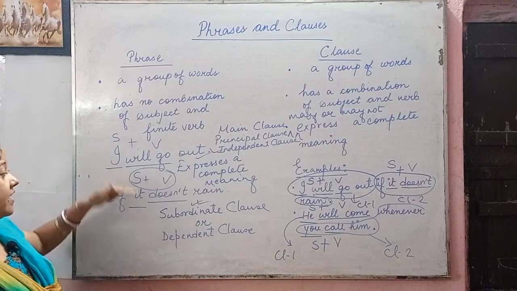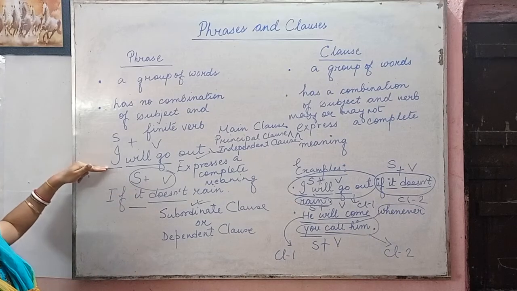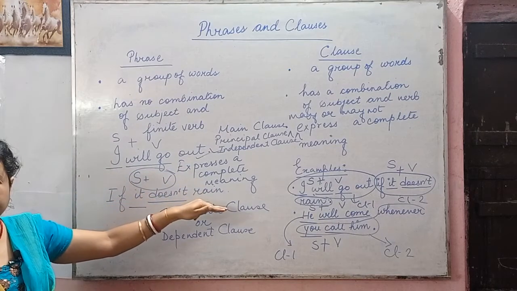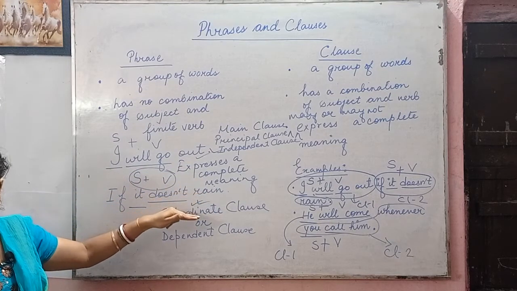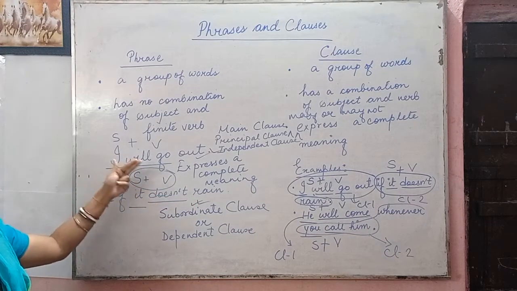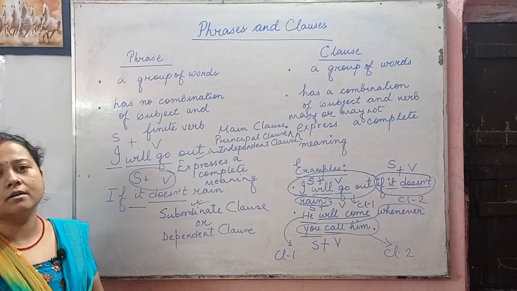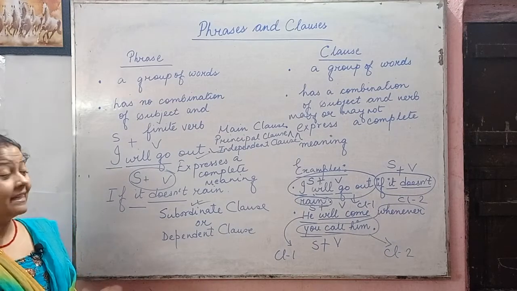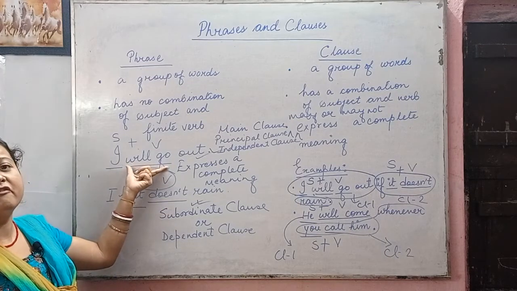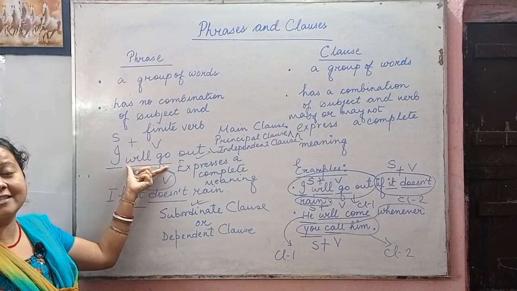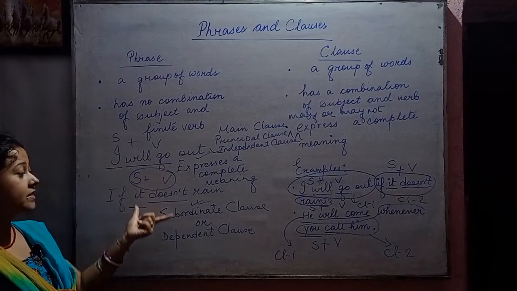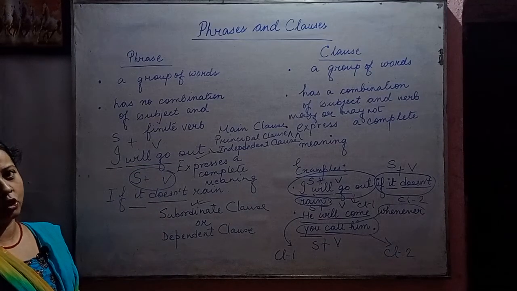But when I read the second clause with the first clause, I will go out if it doesn't rain, then it is expressing a meaning. So this second clause is dependent on the first clause to express a complete meaning. So this clause is called dependent clause.